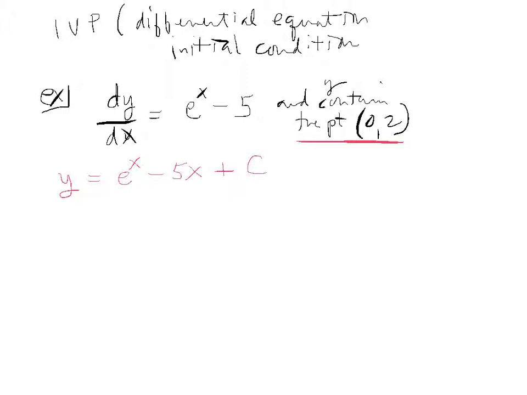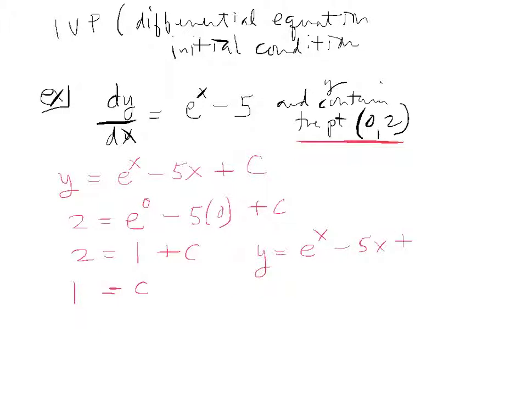So I'm going to put 2 in for y and 0 in for x, and solve for c, and you're going to see that we get 1 plus c, and c is therefore 1. So the answer is y equals e to the x minus 5x plus 1, and that would be the answer to my IVP.